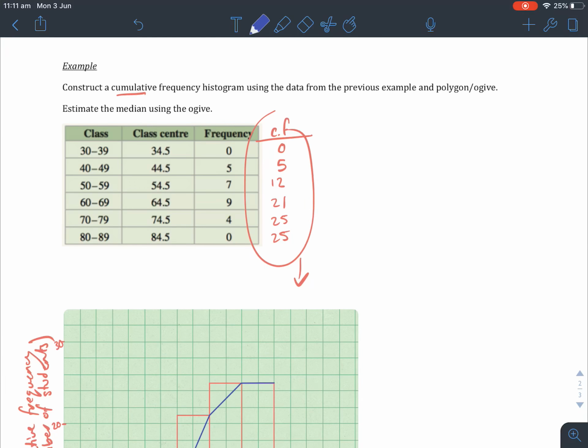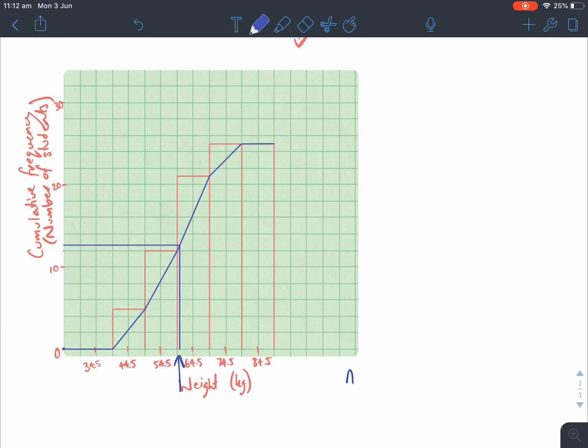This is what we need to estimate, okay? We know that just before this line, it's 54.5, and the next point, the class center, is 64.5. So if we're going to estimate the median, we would say that it's approximately 60 kilos.